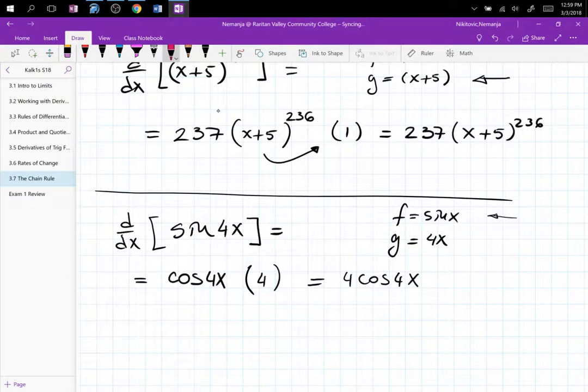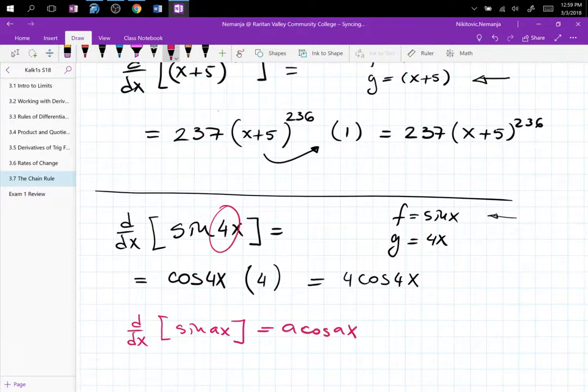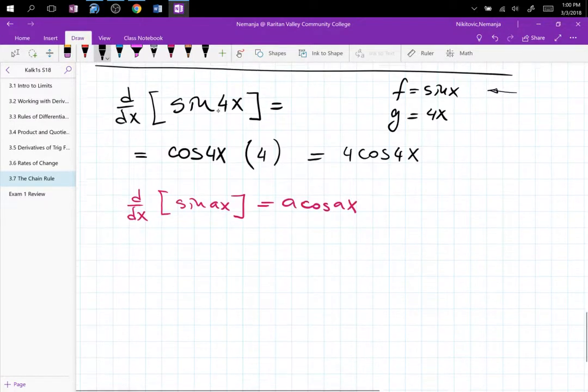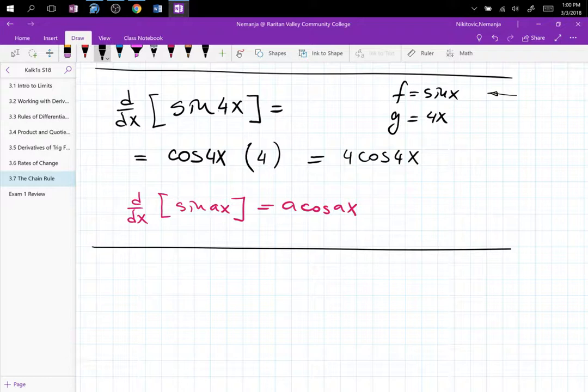Remember the formula I asked you to forget? The derivative of sine ax is a cosine ax. Right? It's a chain rule. It's a chain rule that does that. Same with e to the x.